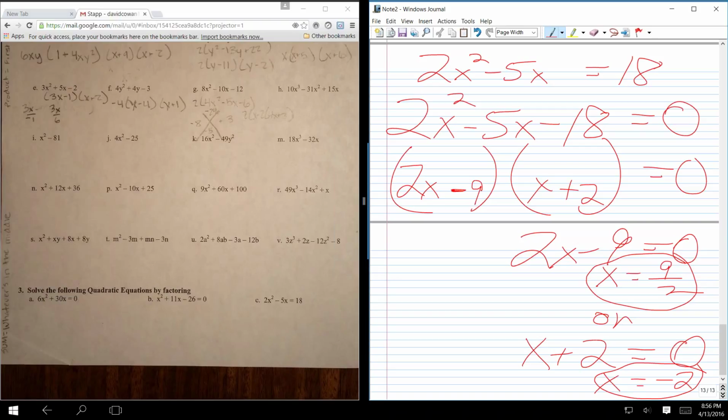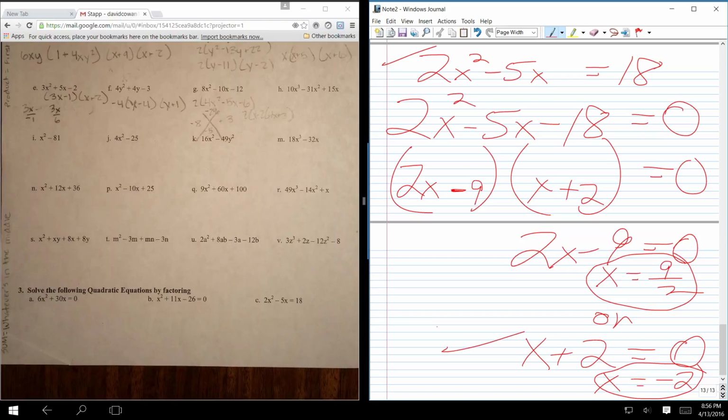Now, like I said, you might run into a quadratic where one of these two will be an extraneous solution, meaning it's not a solution. If I were to plug 9/2 in for x up at the top, that's going to be a true equation. If I were to plug in -2, it's going to be a true equation. So both solutions are correct.